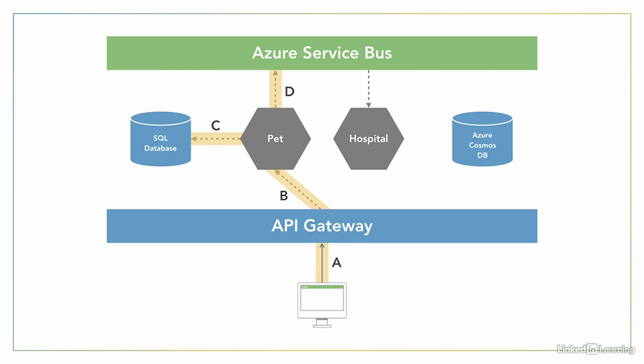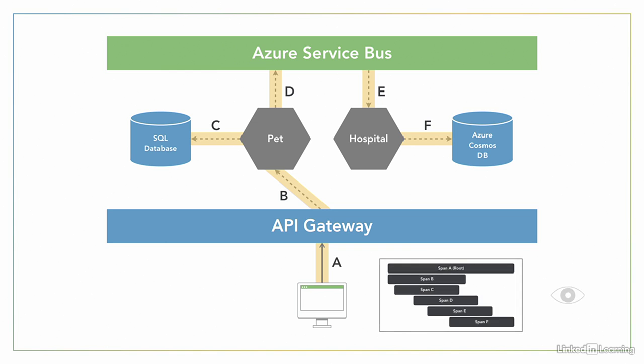In order to save time, I already implemented the required code in both the pet and hospital microservices for including their tracing information, since we're using asynchronous messaging instead of direct communication between services. We're going to use Jaeger to visualize the distributed tracing data, and also we're going to use Azure Application Insights.